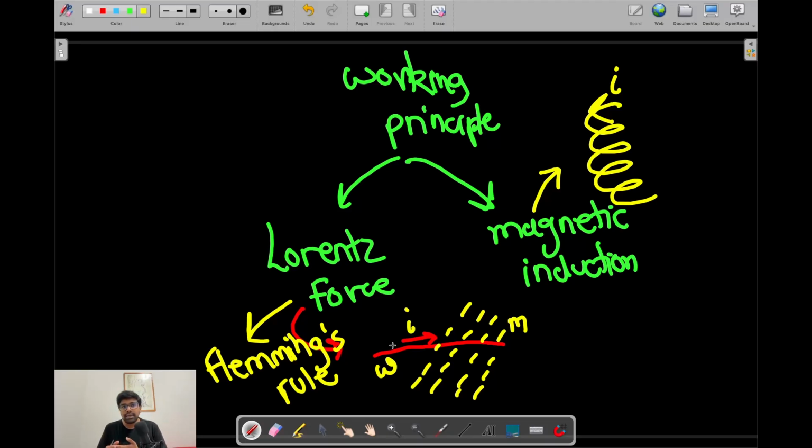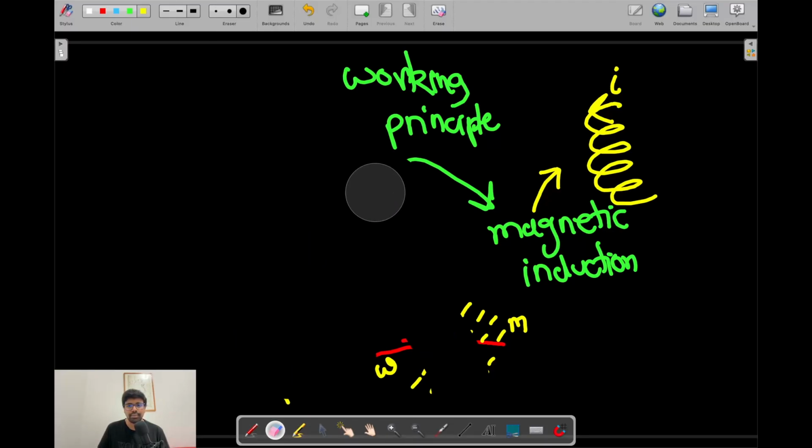But what magnetic induction states is that if there is a coil carrying a current, then this coil will have its own magnetic field. These are the two principles on which the working principle of an electrical motor is based. Let me just clear this.